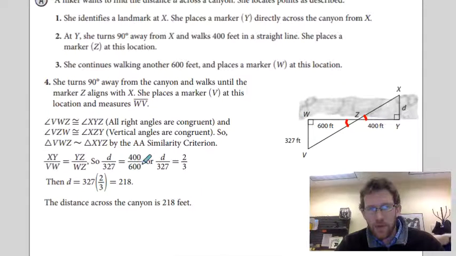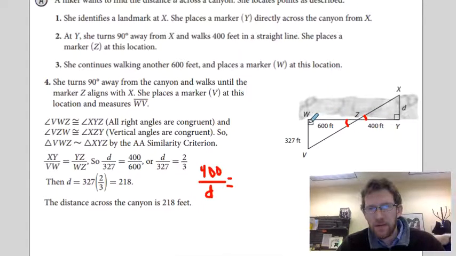So this time we do 400 over 600. You could also do 400 over D. I'll do that one. 400 over lowercase d, and that is equal to, and the question is which side corresponds with this 400-foot leg? It's the 600-foot leg here, right?